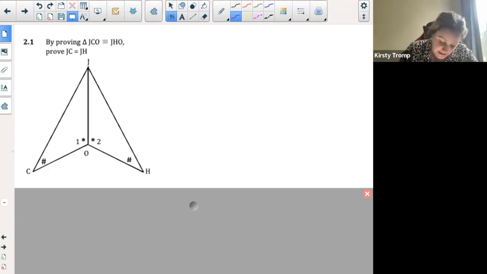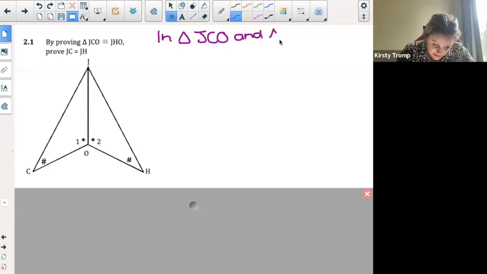So I'm going to say to myself, still using the exact same format, guys: in triangle JCO and triangle JHO, using the same format to answer the question.